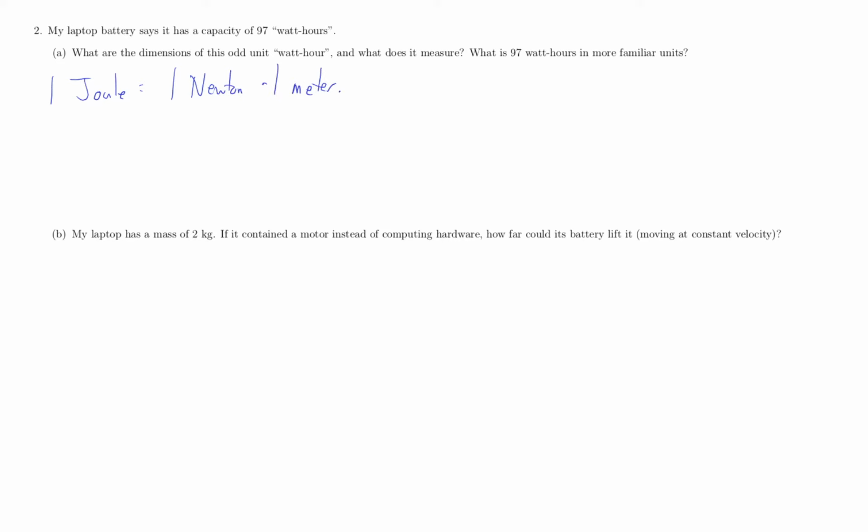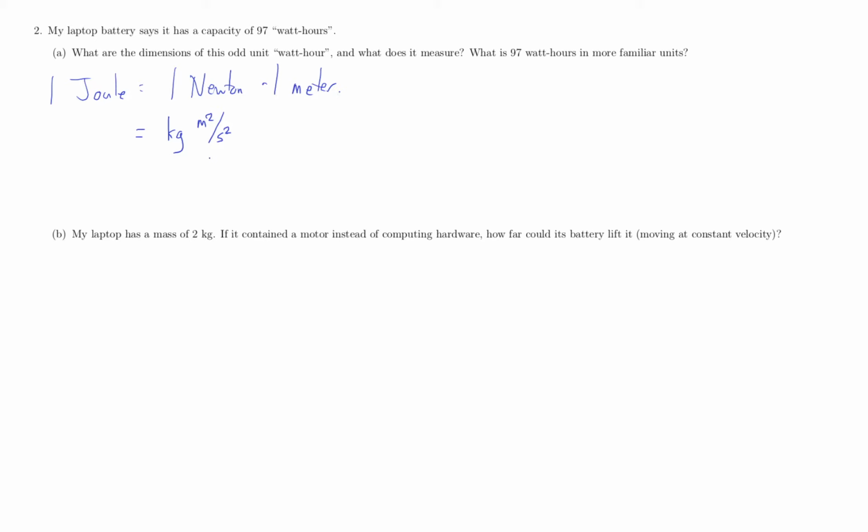Again, because it is a unit of work. Since we also measure kinetic energy in joules, since kinetic energy is 1/2 mv squared, you can also remember that the units of joules are kilograms meters squared per second squared.